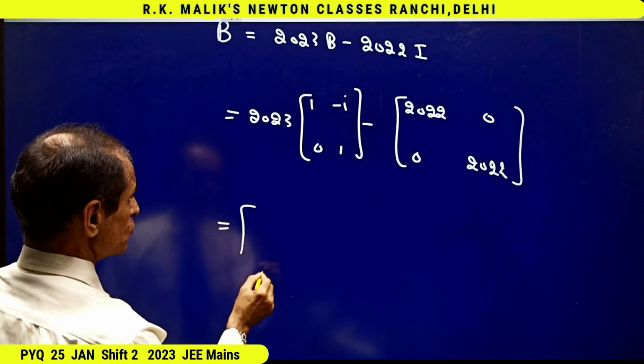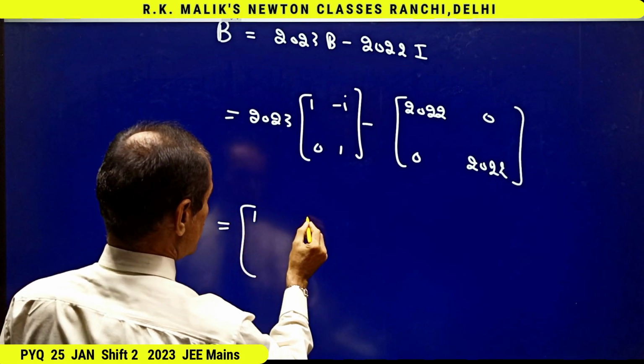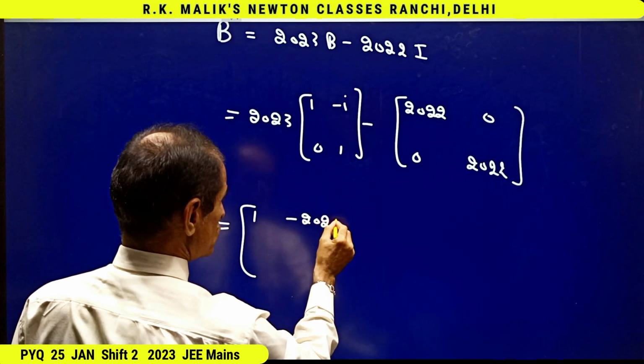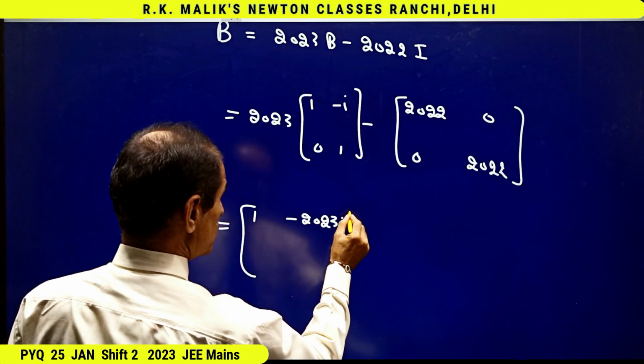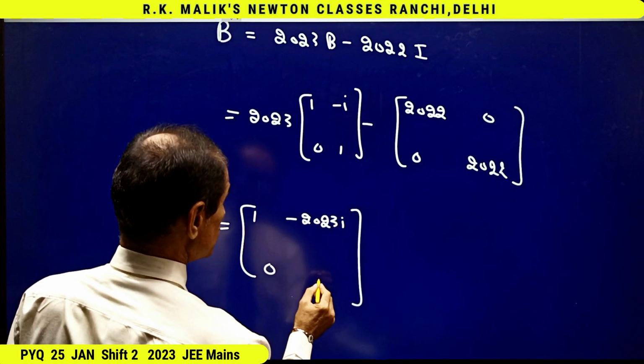This is equal to 1 minus 2023 i, 0 and 1.